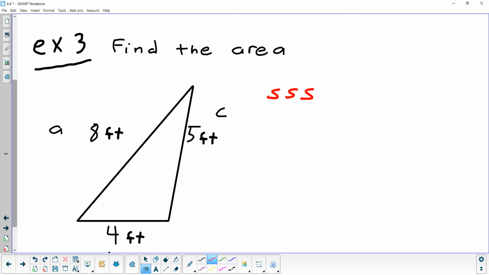Anybody remember what that formula was called? Can't do a right triangle problem with that because it's not a 90, so we can't use that. But we did learn something when we learned two laws, and one of the laws was for this type of triangle.